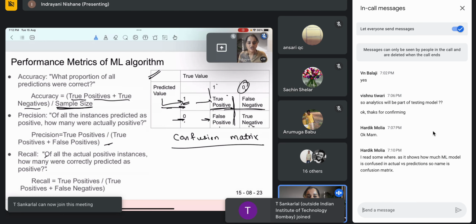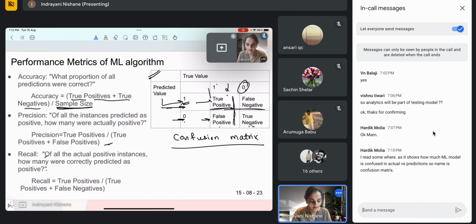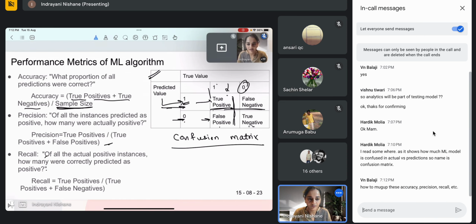Similarly, precision is out of all the predicted positive values, how many are correctly positive. So that is precision and recall. Another way to remember is that recall is how our ML algorithm is recalling the labels correctly. No? So that's why it is considered out of the actual values.